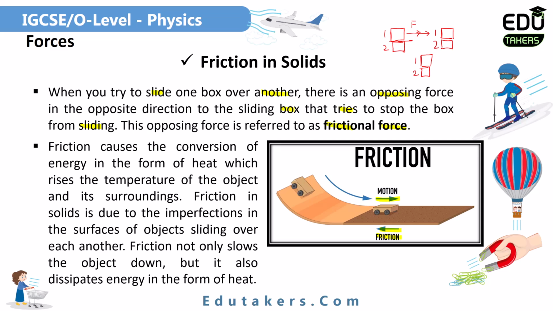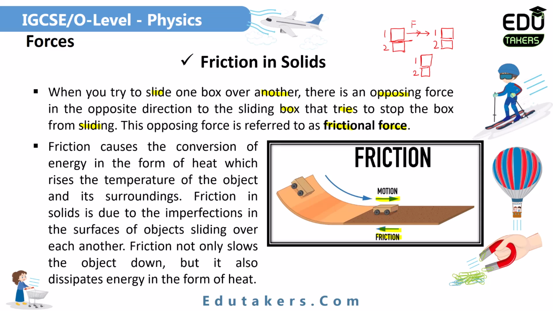First of all, we see that friction slows down the object. What is the second effect of this? What happens when the friction is present? Because of the friction, there would be dissipation of energy in the form of heat. Because when you try to slide one object over the other, they do not slide because the frictional force is present here. In this case, you are going to increase the amount of the force, so both of these objects heat up.